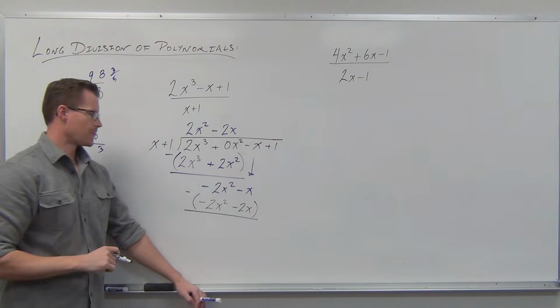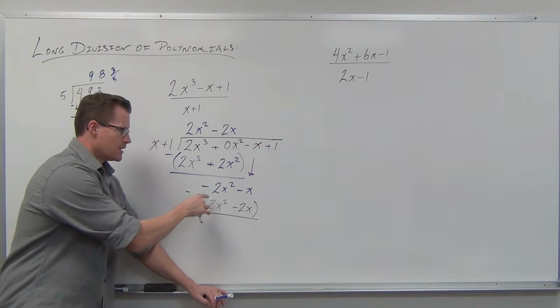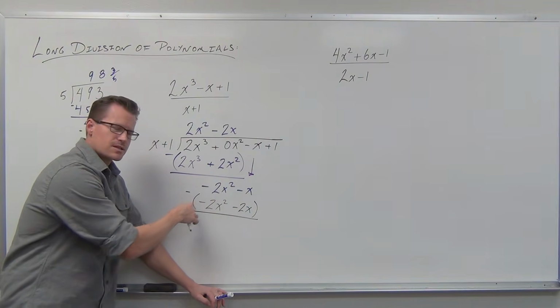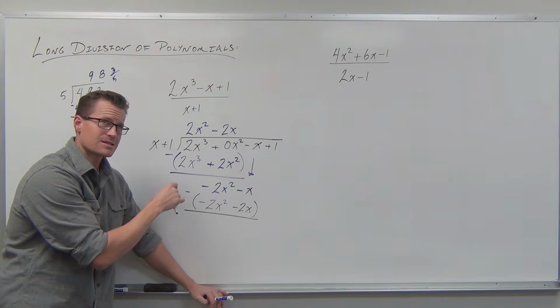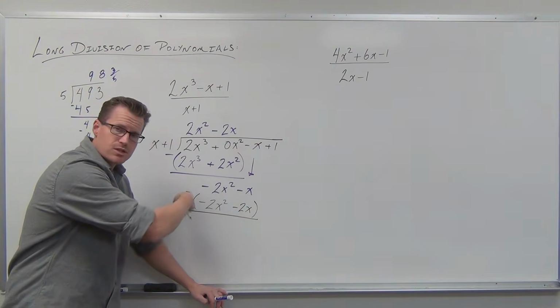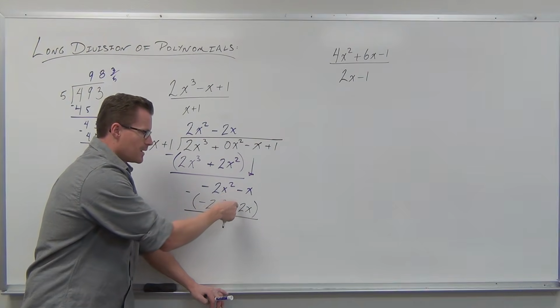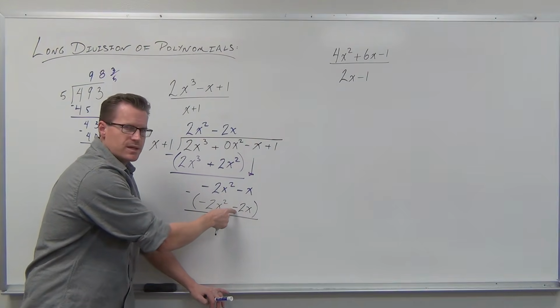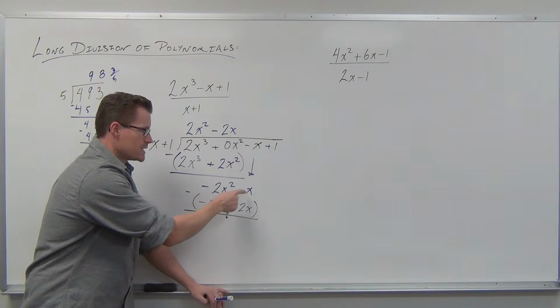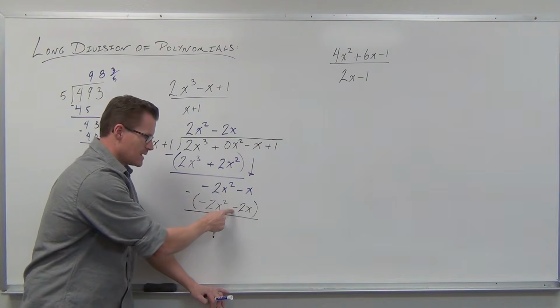Just be careful. That's the biggest thing, is sign errors. Negative 2x squared minus negative 2x squared, minus negative, you're adding, that's 0. This is how we check our work every time. But be careful here. Negative x minus 2x, that would have been negative 3x, but we're not doing that. We're taking negative x minus negative 2x.